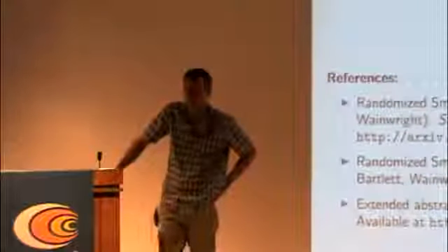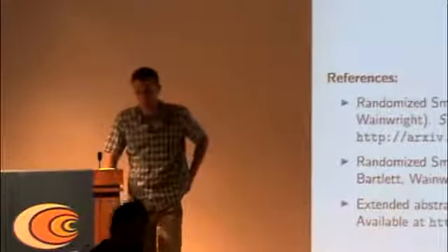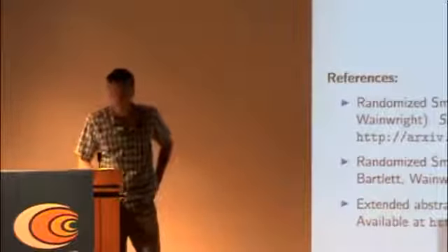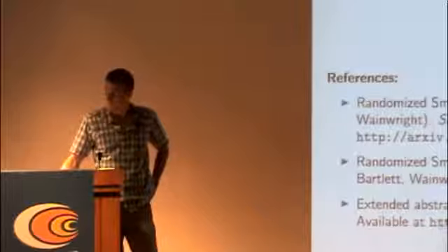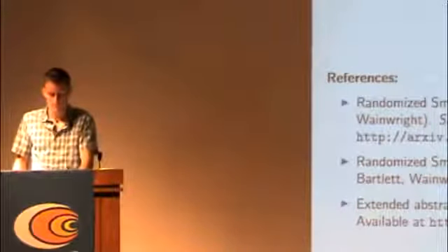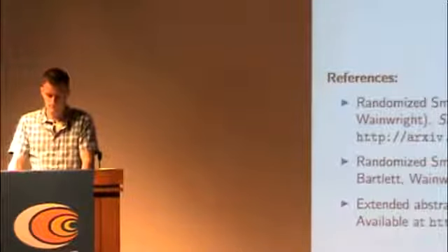But I have a question. If n equals 1, then the reason why the smoothing works is that it averages out all the randomness. But n equals 1 still has the averaging effect. That's a good question.